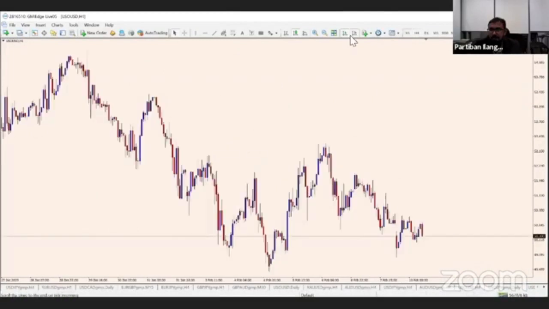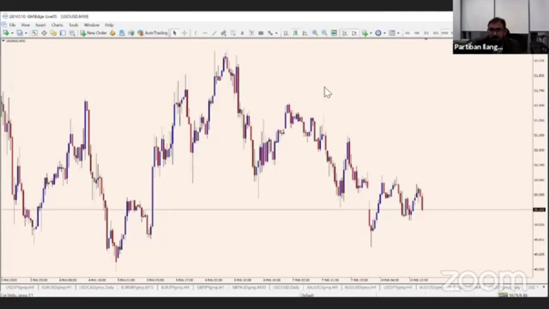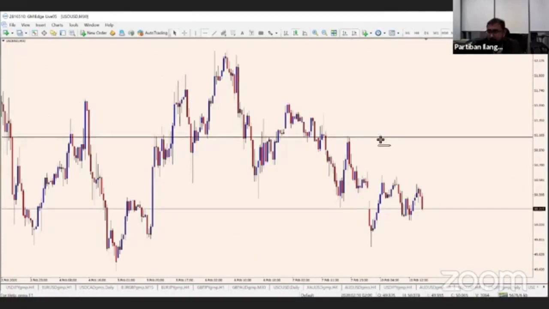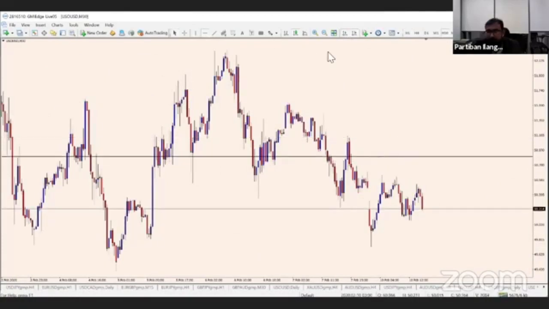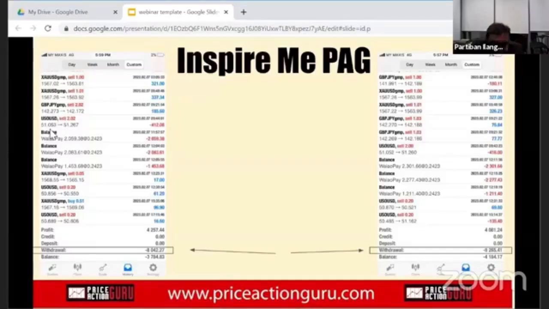Okay, he traded last week, 50.85 somewhere here. 50.85 and 51.06.